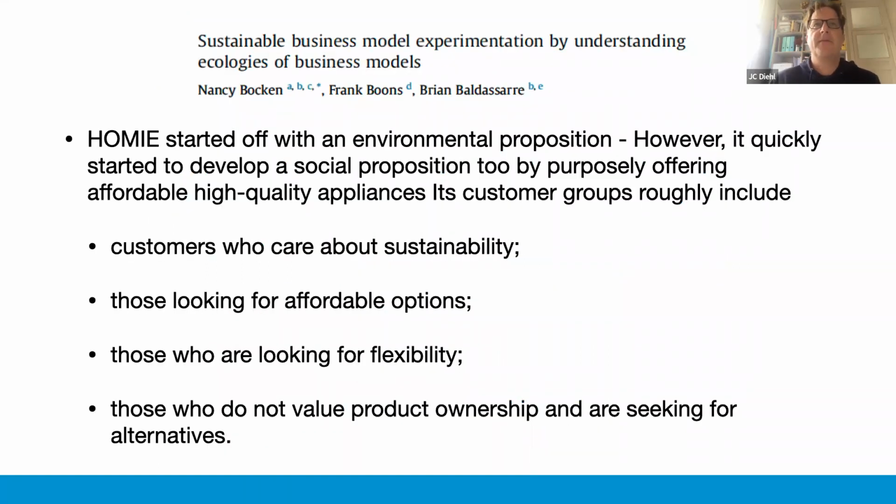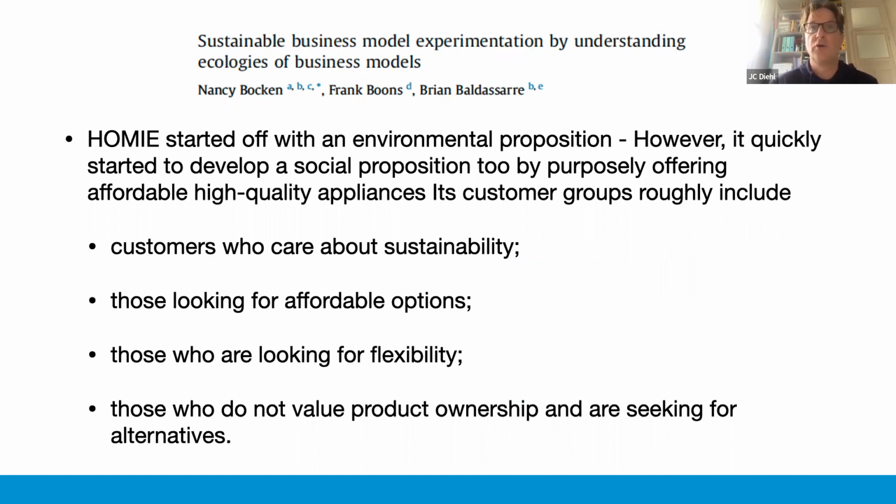Here you see another paper from Nancy and Brian, who will also be one of our invited speakers in two weeks' time. This is about sustainable business model experimentation around, for example, the washing machine. One of the interesting things is that in the beginning, these kinds of business models focused on sustainability-oriented customers. But over time, they also found that a lot of other target groups were interested in such an option.